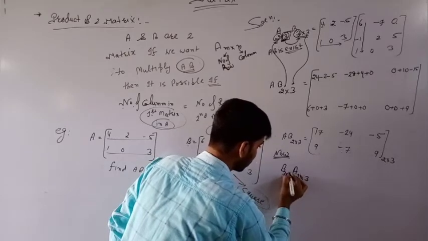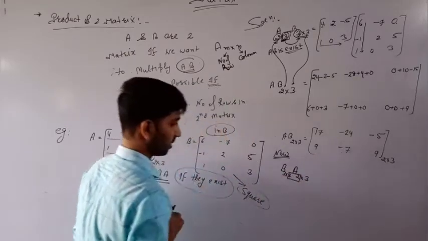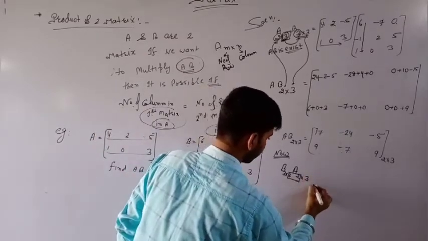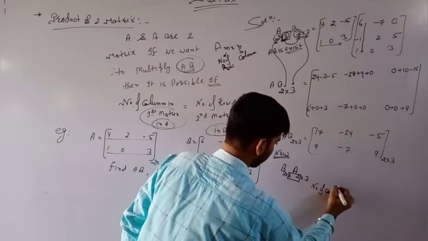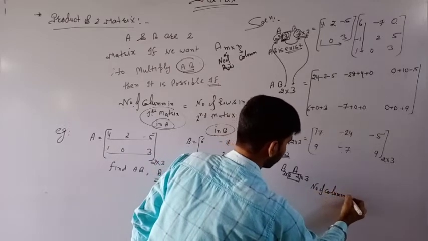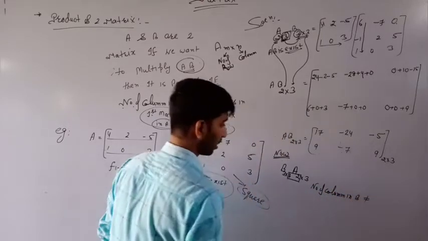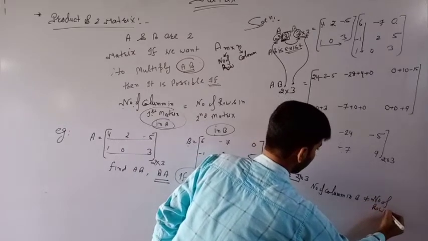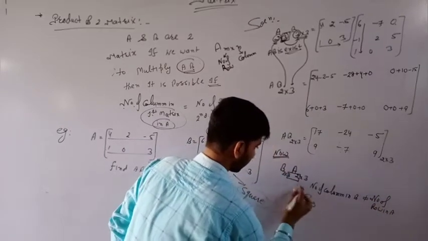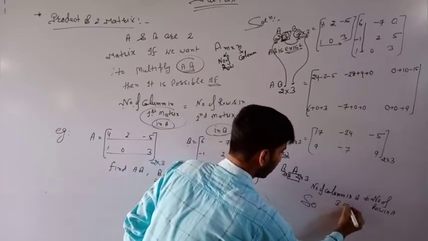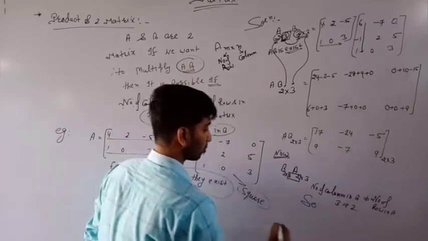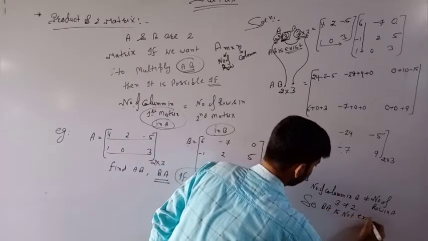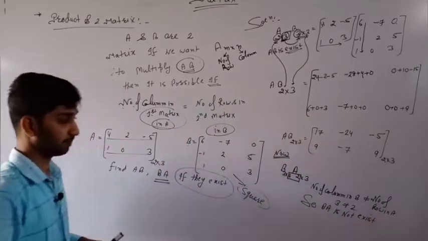Here the number of columns in B, which is 3, is not equal to the number of rows in A, which is 2, so BA does not exist. If BA does not exist, then we cannot find BA.